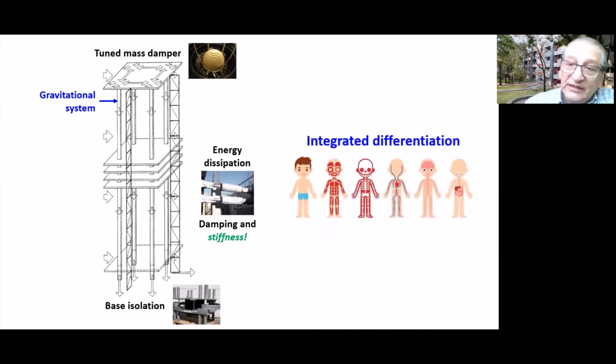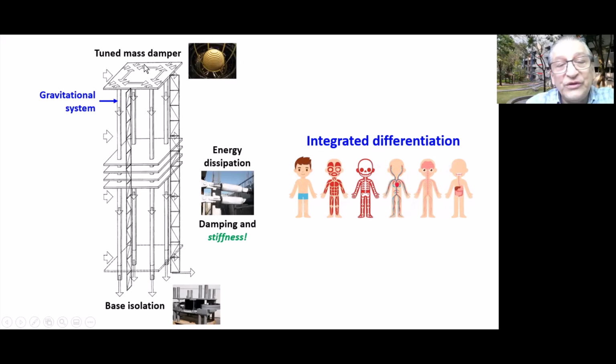We're going even into the concept of integrated differentiation. And to explain this concept, you just think about a human being. It has a lot of independent systems, very specialized in developing just one function, but that are capable of integrating all those functions to give a very functional and highly developed being.